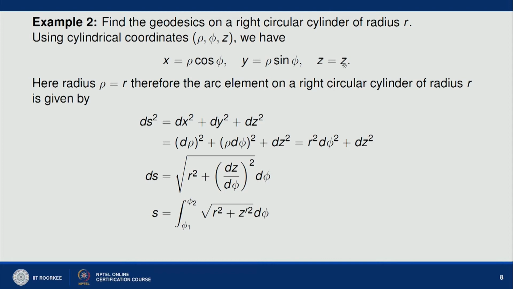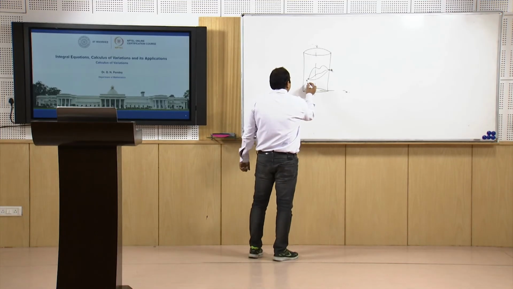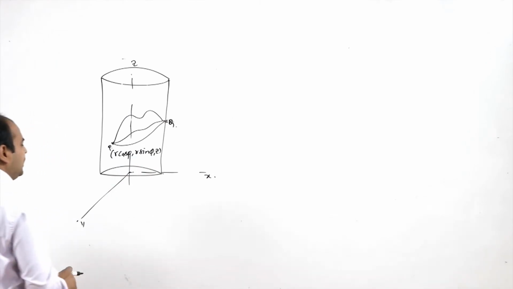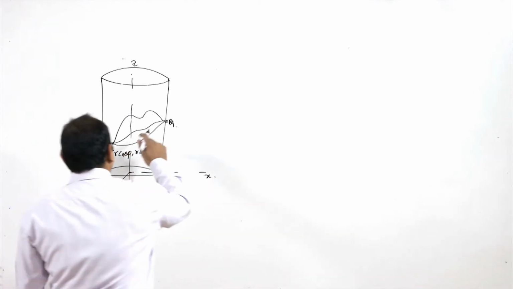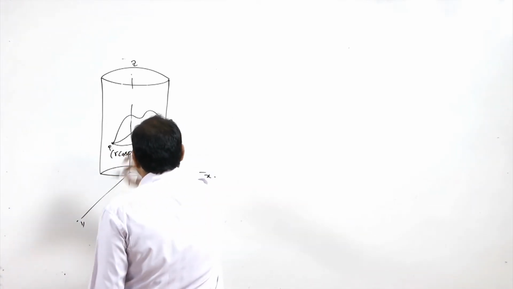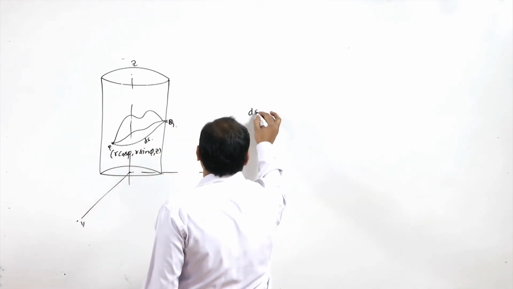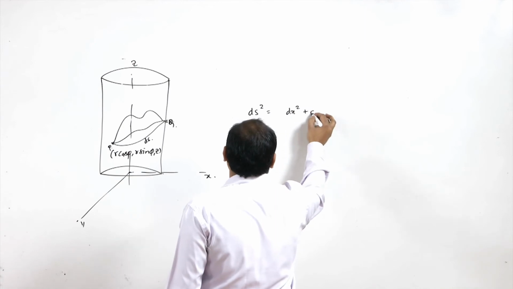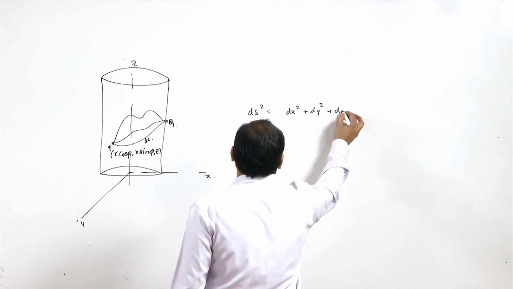Here your P is given by r cos phi, r sin phi and z. Now to find the length, let us use ds square equal to dx square plus dy square plus dz square.